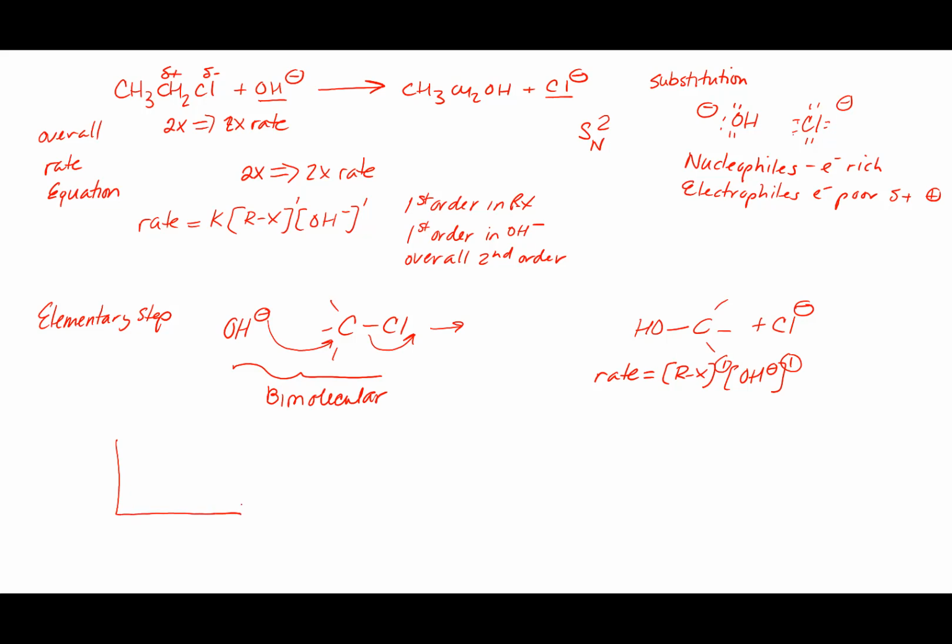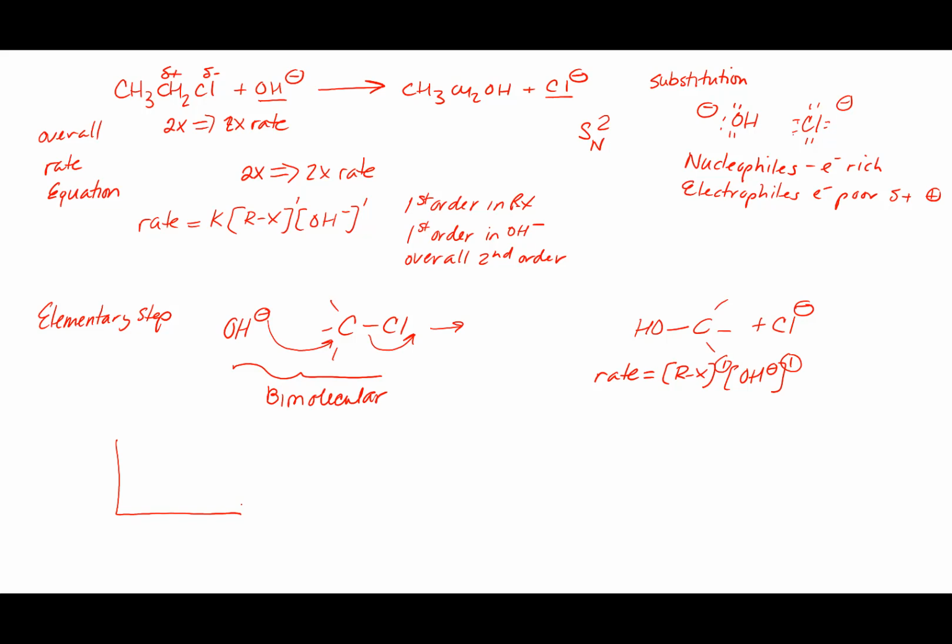Okay. Now, since there's only one step, there's one transition state. How many intermediates? Zero intermediates. Because in order for there to be an intermediate, you have to have more than one step.